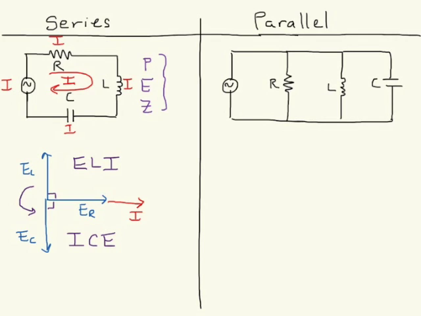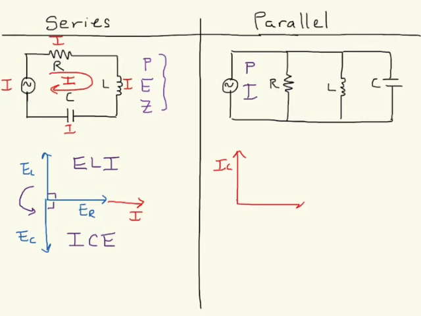Now let's look at our parallel circuit. So in parallel, think back, what adds? Power still adds in parallel, and current adds. So these are our pi vectors. So I will be drawing the current vectors for this circuit. This time I'm going to have IC pointing up.